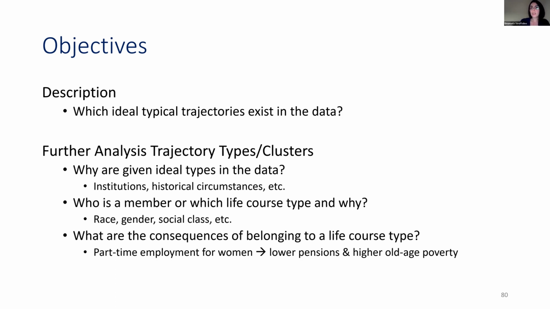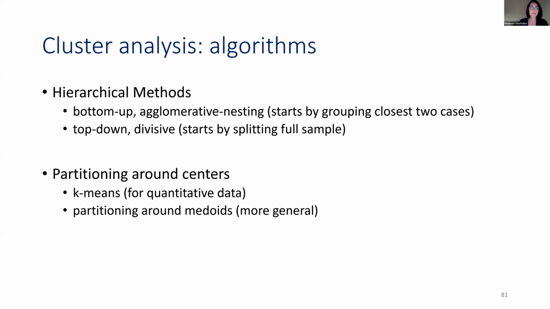So we want to link the configuration of specific trajectories to something that happens at the end of the observational period we consider here. So you can see here that we can use clusters as predictors of something, such as pension at later age, or as outcome of something, such as individual characteristics, institutional or historical circumstances.